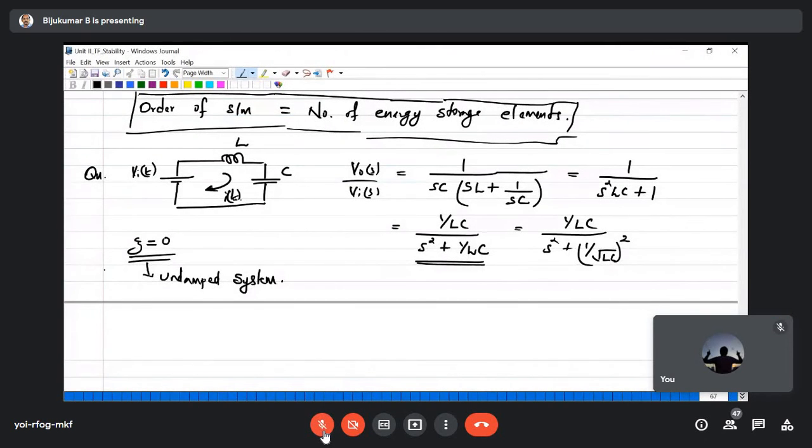Yeah. So our natural frequency of oscillation remains the same, omega n equal to 1 by root LC. And what is the response of the system? For an undamped system, we have derived that it is 1 minus cos omega n t, right? So in this case, it becomes 1 minus cos of 1 by root LC into T.